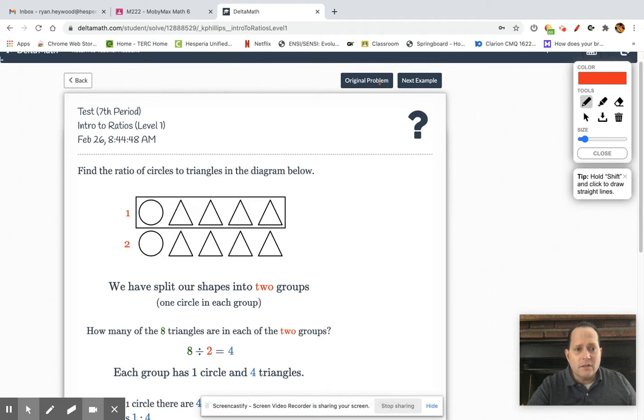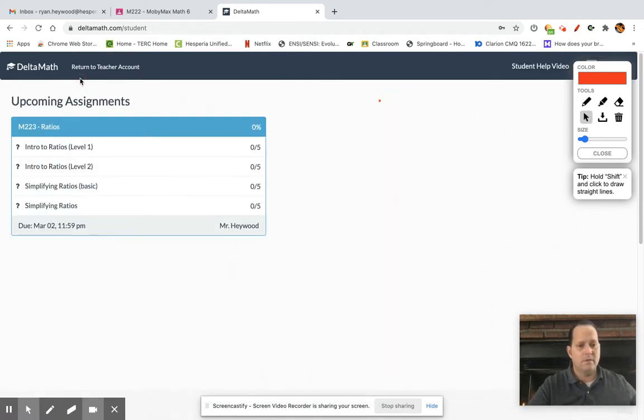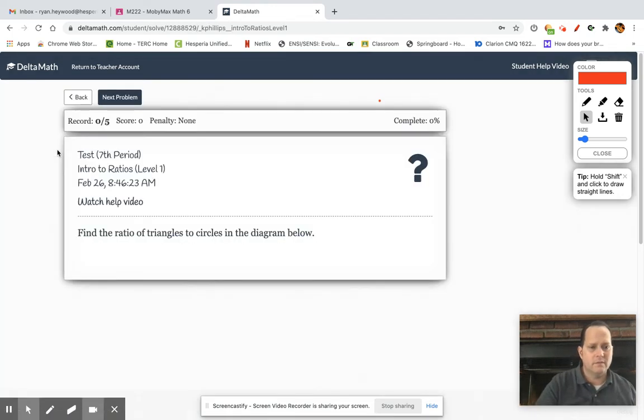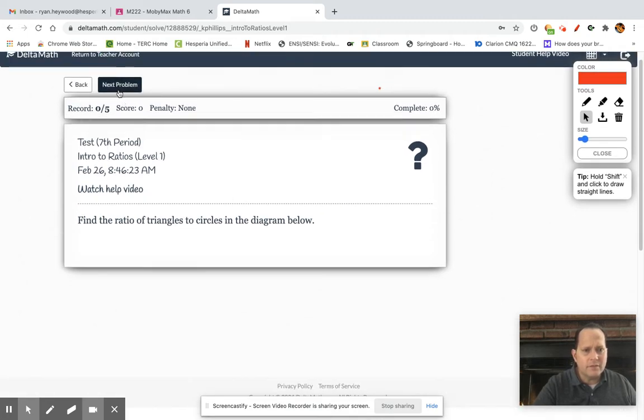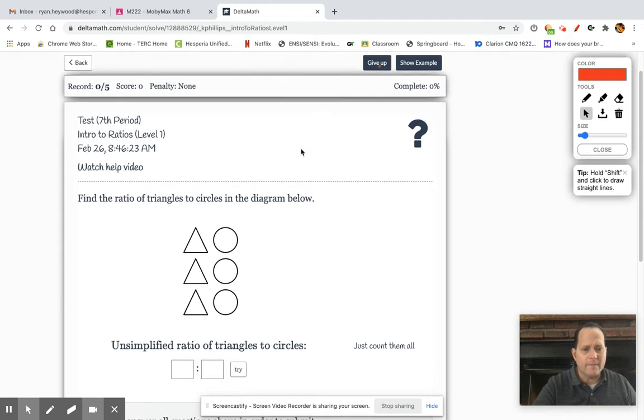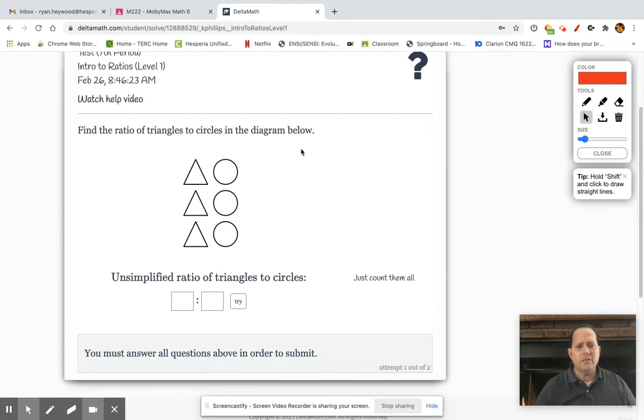Okay, all right, so this one. Find the ratio of triangles to circles in the diagram. All right, so with this, how many triangles do we have?